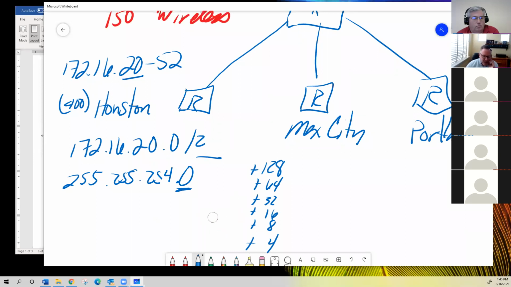So Ian, what's the CIDR notation for this now? For a 254.0 subnet mask. What's that CIDR notation? What's that equal to? The CIDR notation right here. This number here.